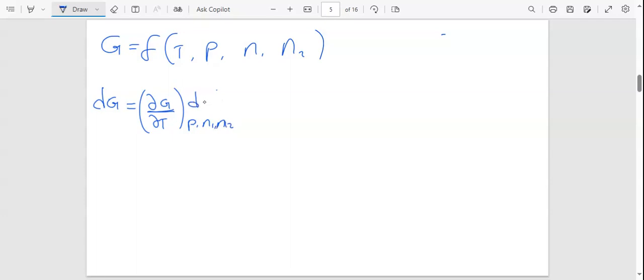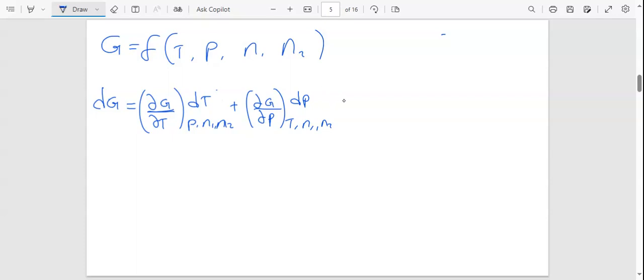This will represent the change in temperature, dt. Then from there, here again there will be a partial derivative in g. Now I'll get a bit of partial in p. Then this will show that there was change in p. Then we'll hold t, n1, n2 constant.